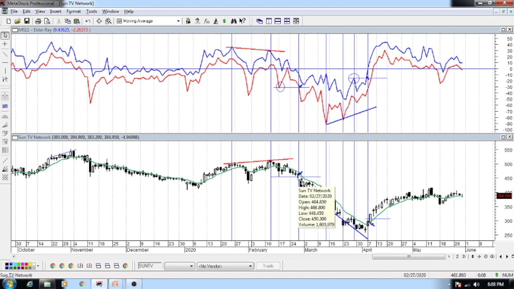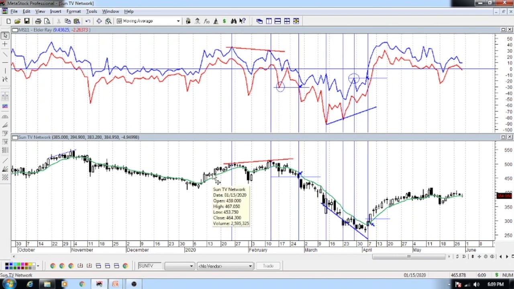On 27th Feb we have a low around 446. If we had taken entry over here, after that we got a price move almost to 382. So we got a move from the 450 level to 382. This kind of return we got by using this simple trading strategy, called the Elder Ray trading strategy, which we can use to get swing trading profit.